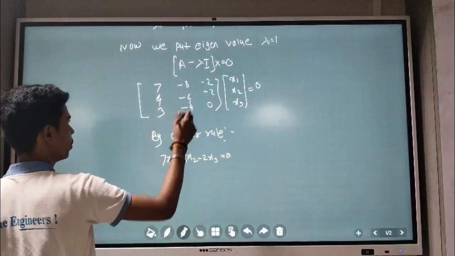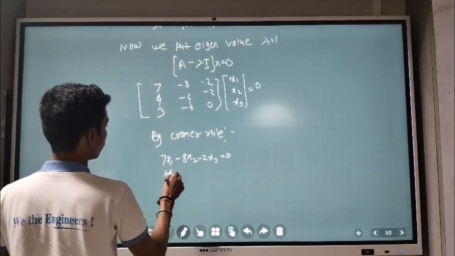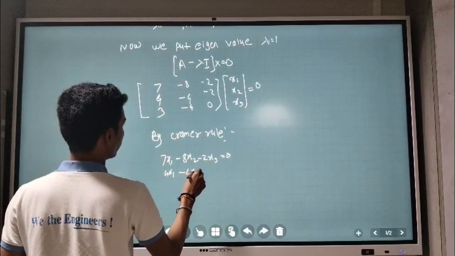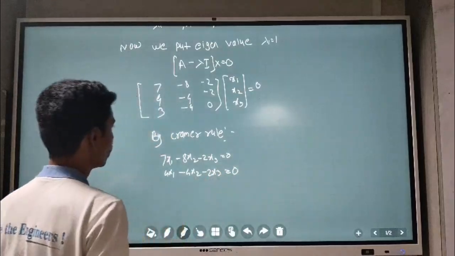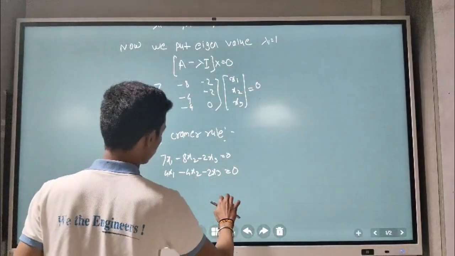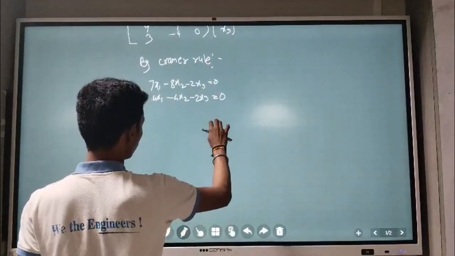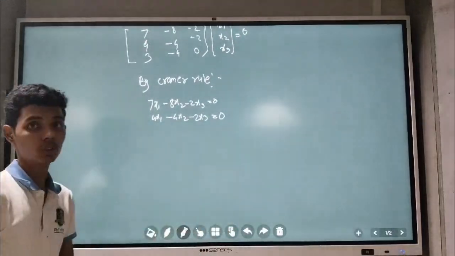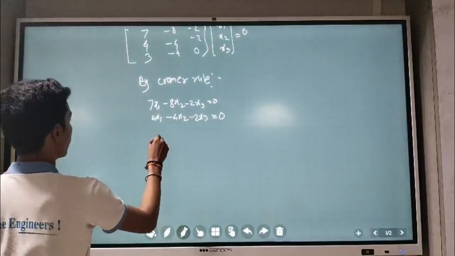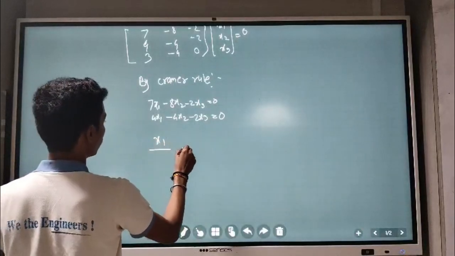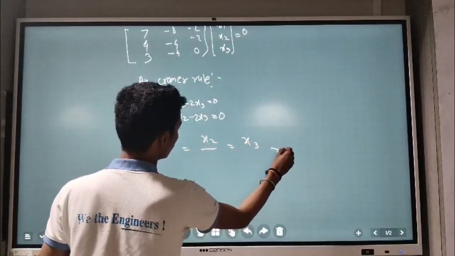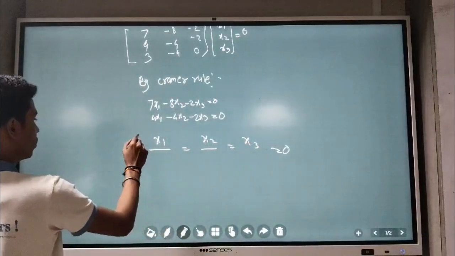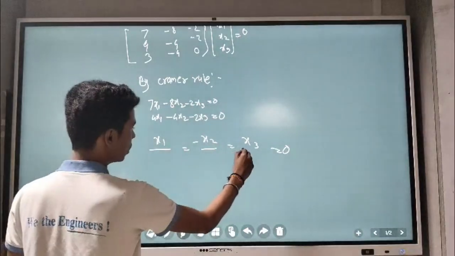Then 4 x1 minus 4 x2 minus 4 x3 equal to 0. We have Cramer's rule, so we solve this equation as x1 by, x2 by, x3 by, with the signs first plus, second minus, third plus.